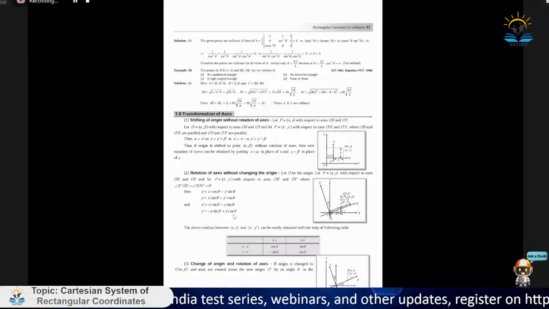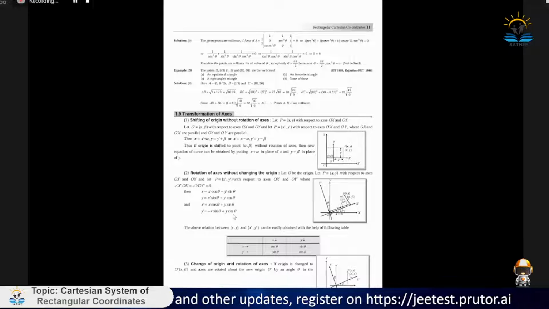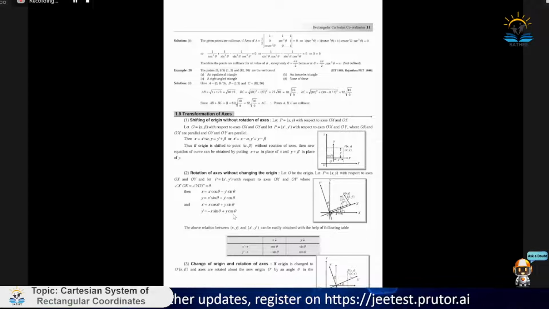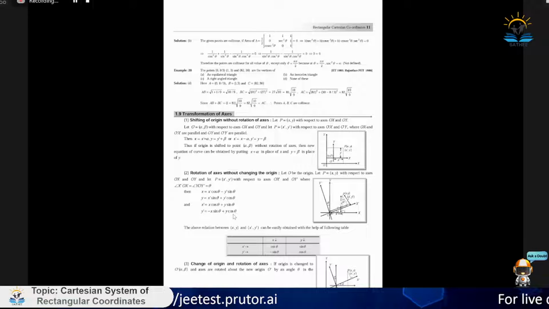So as you can see here, these three don't form a triangle because AB plus BC is not greater than AC, and it is in fact equal to AC, which is the condition for collinear points. These 3 points are collinear. So the option would be none of these. And we'll solve some other questions.